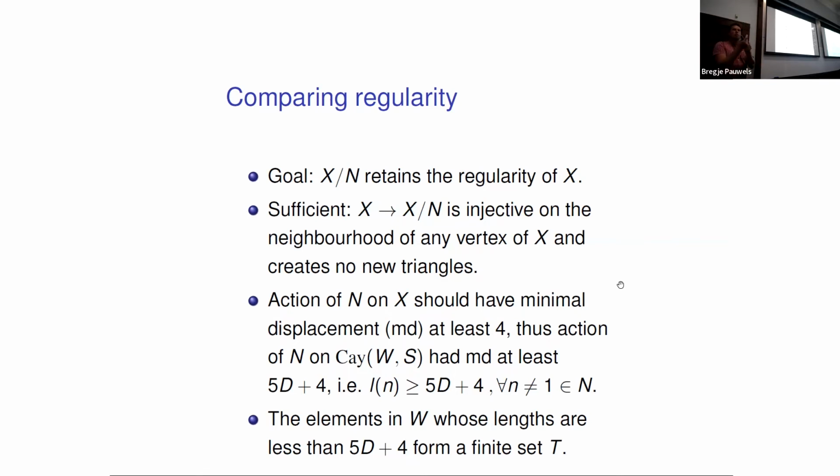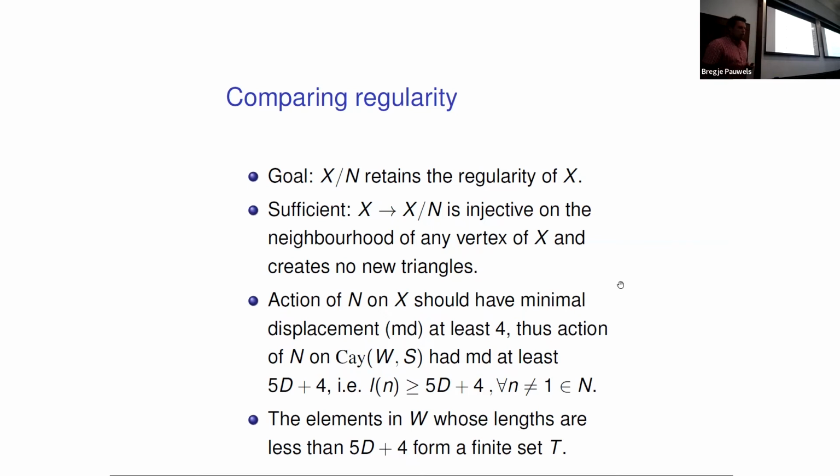Then I will not mess up the regularity. Secondly, I don't want to create new triangles. These two conditions together, it's a small exercise to show, guarantee that you will also not create new higher dimensional simplices. So if you have these two things, then you will keep your regularity.